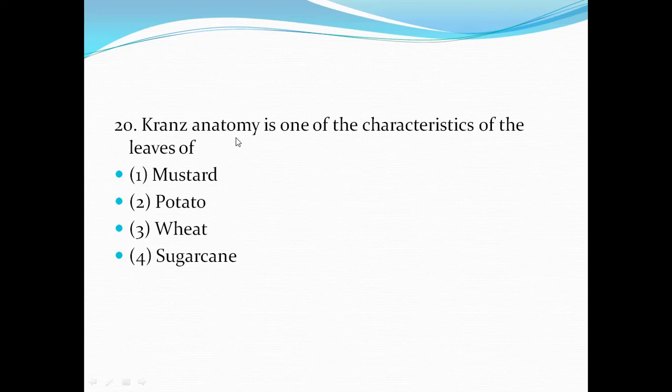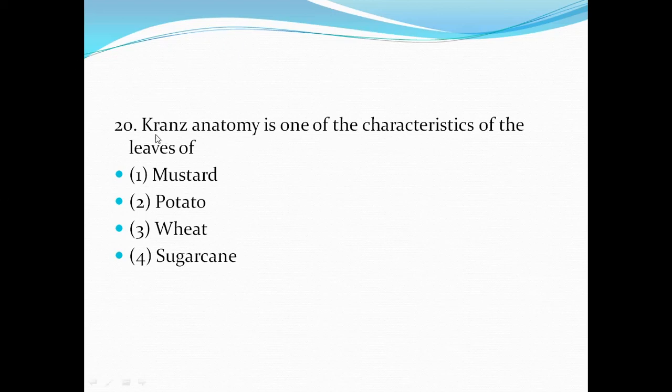Kranz anatomy is one of the characteristics of the leaves of... Now, Kranz anatomy is seen in C4 plants. So in Kranz anatomy, what happens? The bundle sheath cells and mesophyll cells are in close association with each other, and both are involved in the synthesis of carbohydrates in a pathway called C4 pathway.